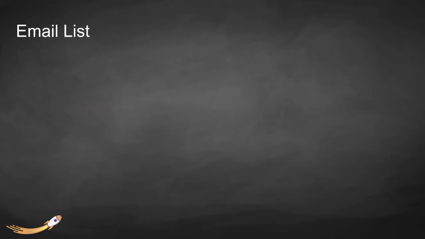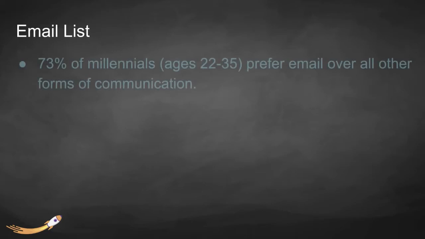So let's go over each one of these in a little bit more detail. With the email list, here's an interesting stat, and I just pulled this off not too long ago from the internet. 73% of millennials, and they're always changing the age range for the millennials around, but right now I've seen 24 to 37 or 22 to 35, and I'm going to use 22 to 35.